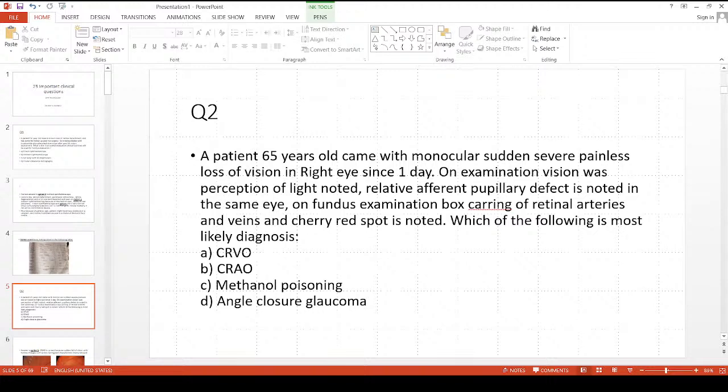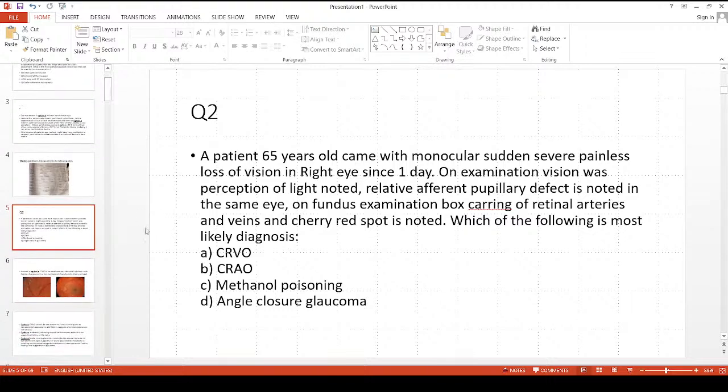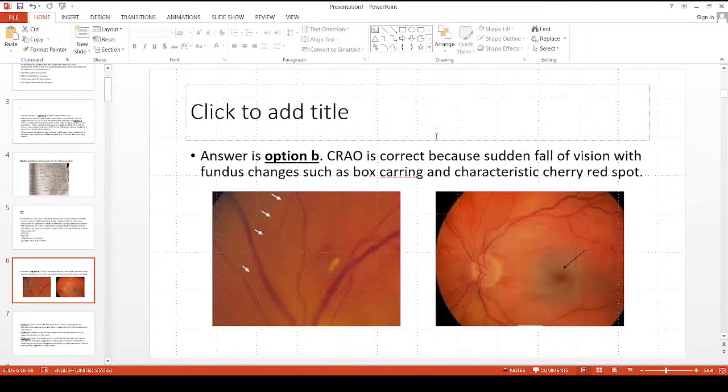Which of the following is the most likely diagnosis? So there are no guesses here, it is CRAO. Why CRAO? Because there is sudden loss of vision with fundus changes like box scarring and characteristic cherry red spot.